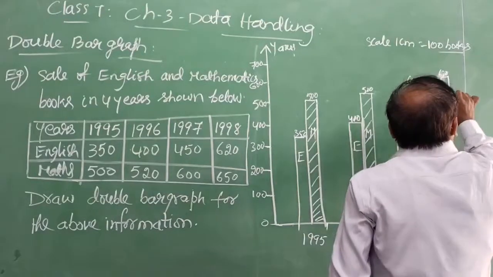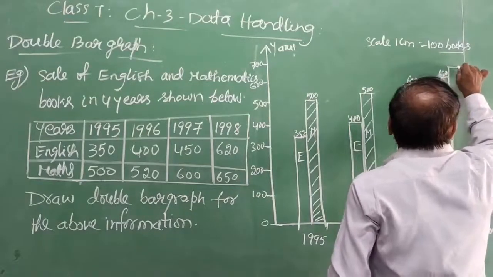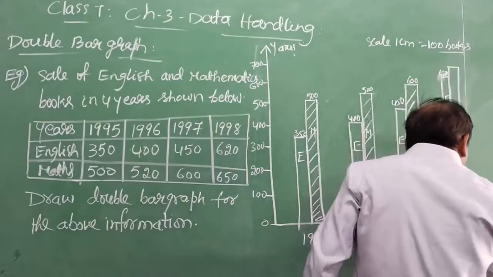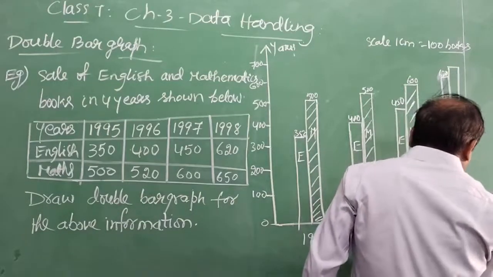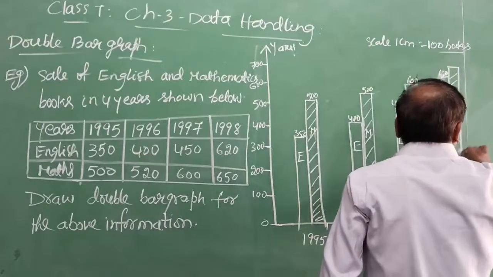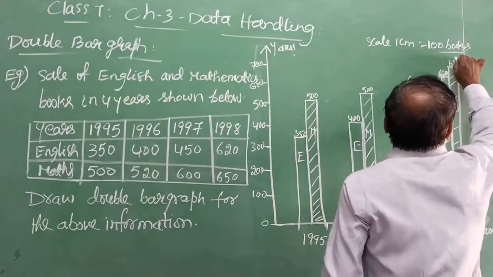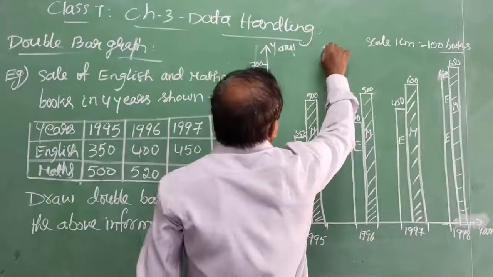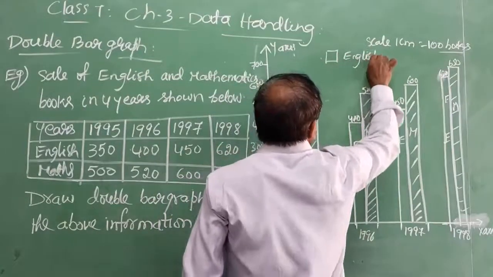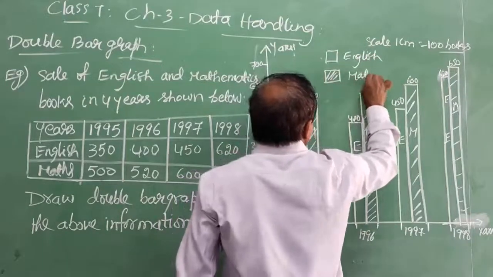Exactly between 600 and 700. So this is year 1998. So which I shaded, this is English and this is maths. 650. So whichever is not shaded, this is English. Whichever is shaded, mathematics.